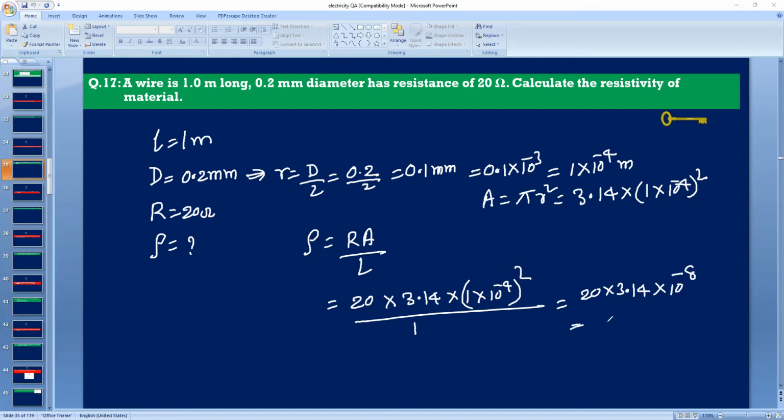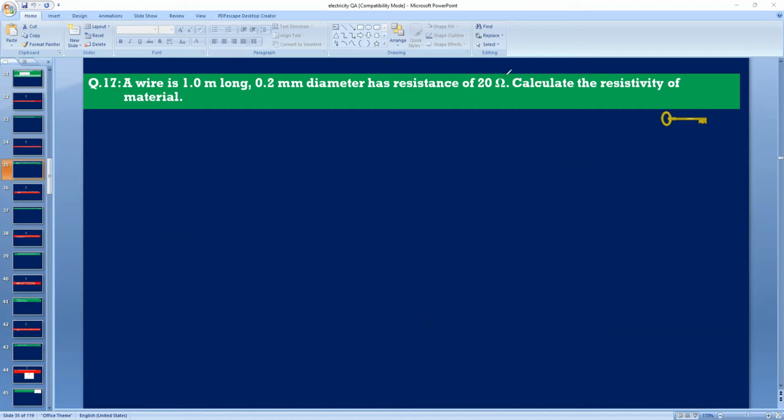So here 6 to 8, 1 zero will be there over here. After 2 decimals, 1 decimal. 62.8 into 10 to the power of minus 8 ohm meter is the answer. Hope this answer is clear to you. Next question.